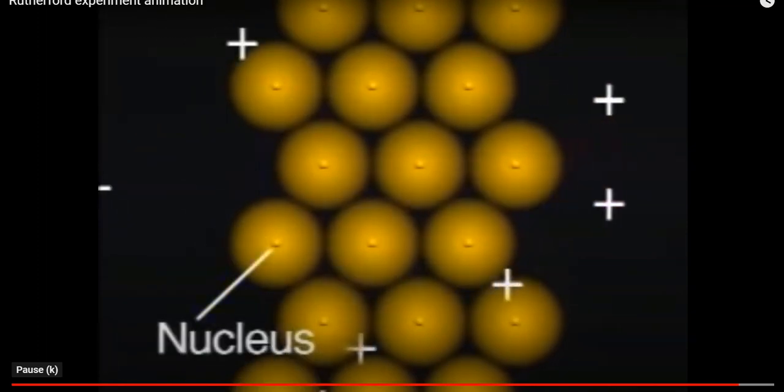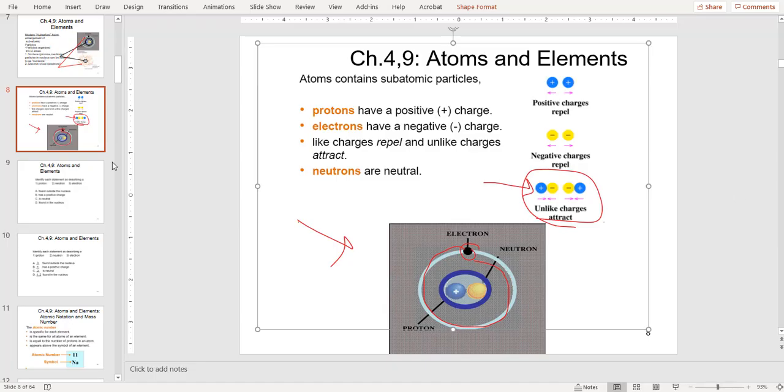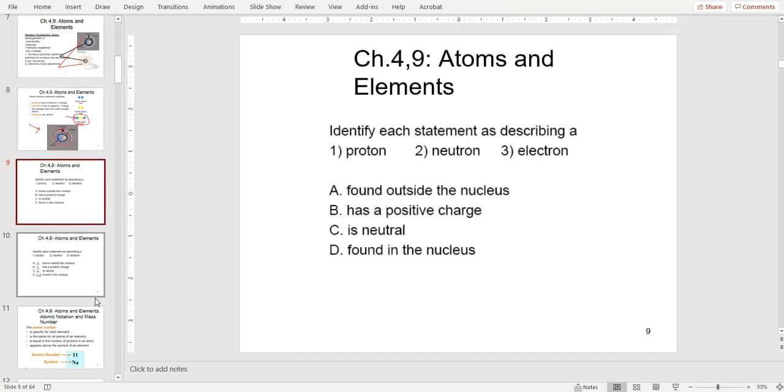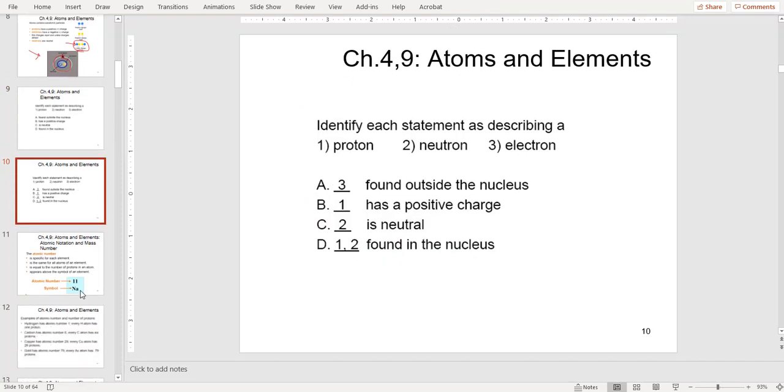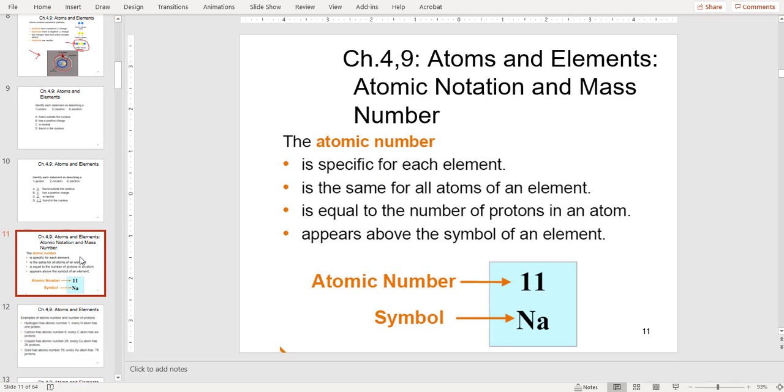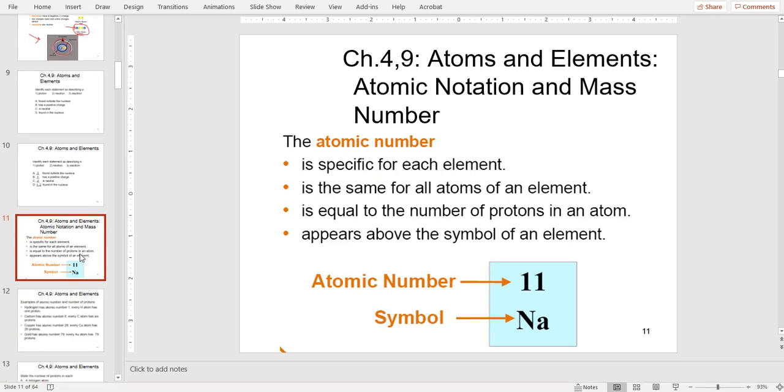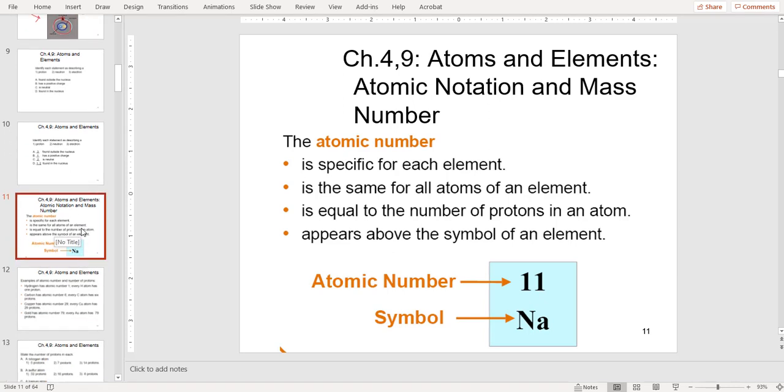So there's the nucleus of the gold atoms, and they're being deflected. And it's by this simple experiment that the Rutherford model was justified. So you can answer these questions right here. And now we're going to relate the Rutherford model with the periodic table.